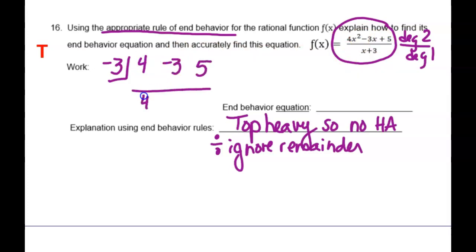Bring it down, multiply, add, multiply, add, but you get to throw out this anyway. So you get y equals 4x minus 15. Do I have that one right in the key? Yay. Questions?